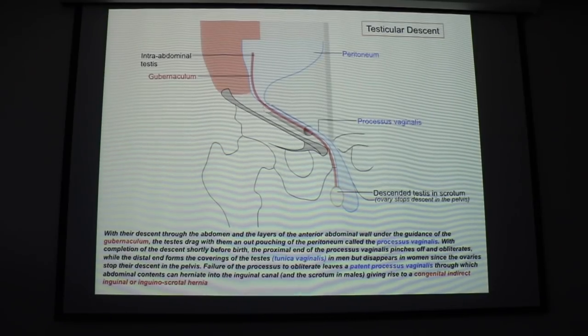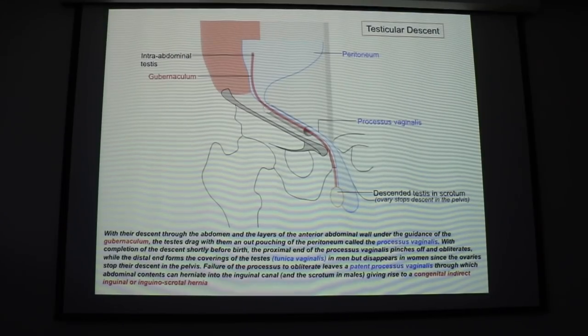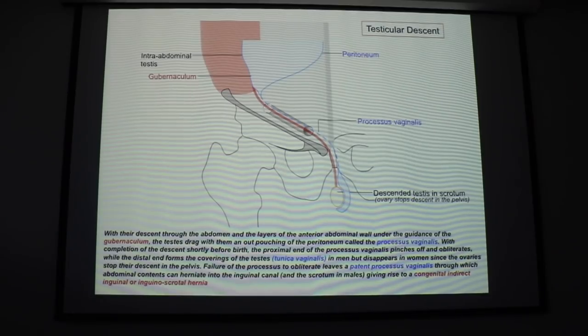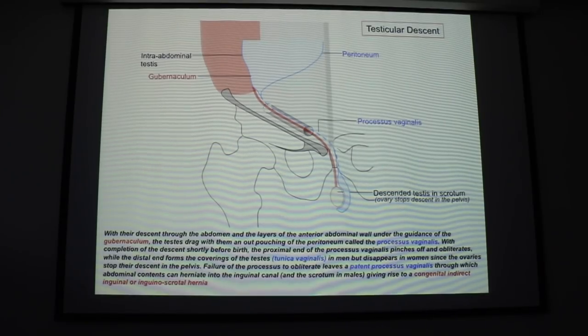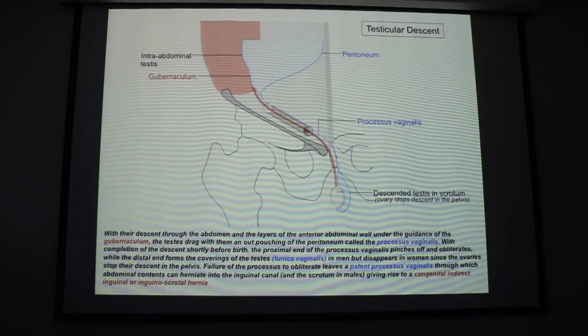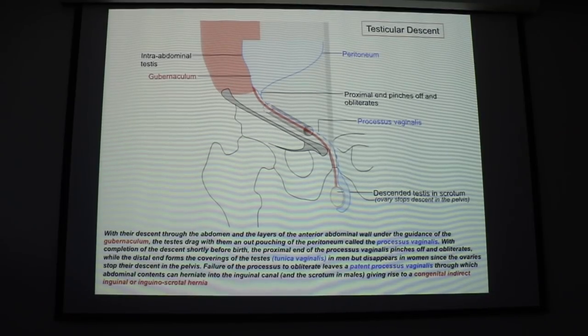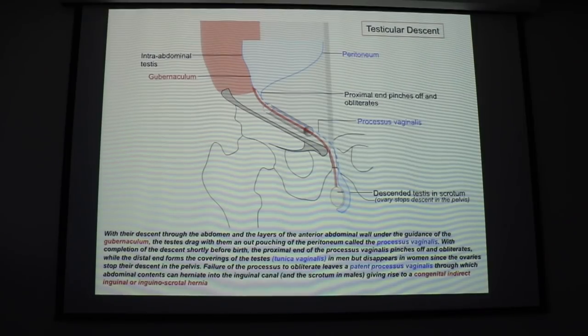But the blessing is, this processus vaginalis, just after the descent of the testis, gets obliterated, it gets closed. The lower part of this processus vaginalis, which was surrounding the testis, was given the name tunica vaginalis. And the defect in the peritoneum, from where this processus vaginalis was coming down, has been closed and obliterated. So this processus vaginalis does not exist.